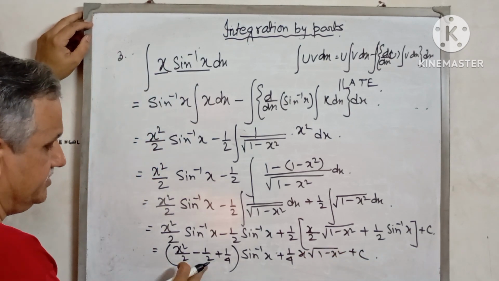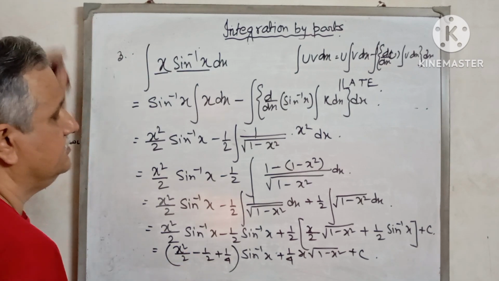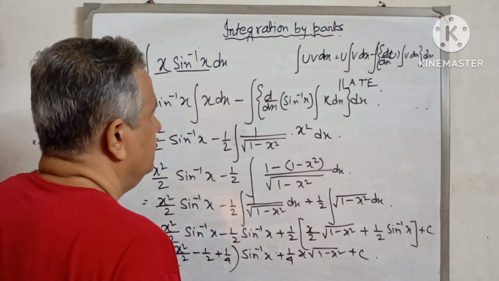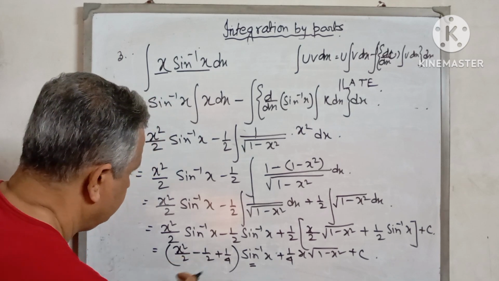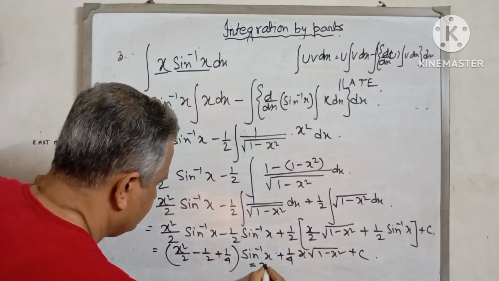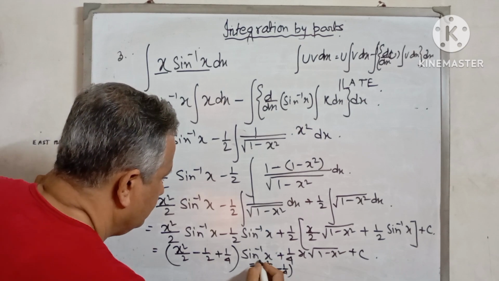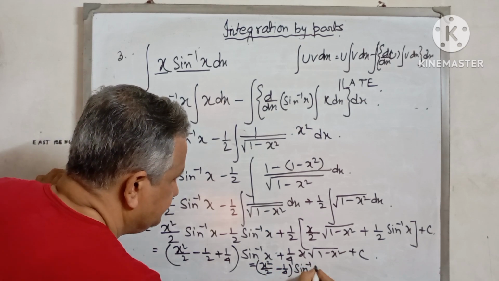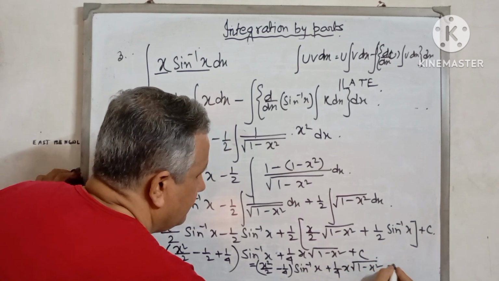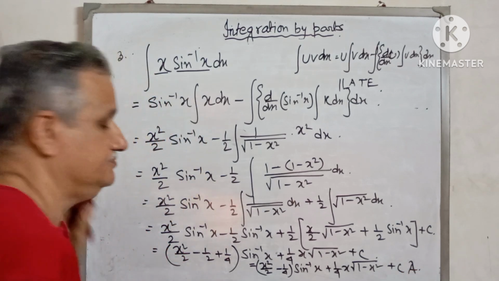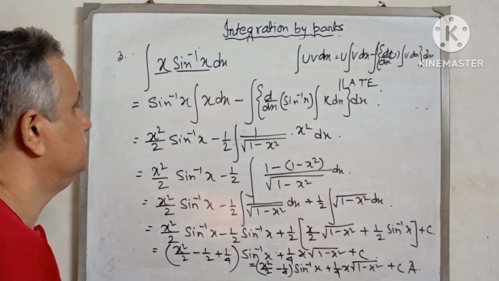Next, just adding it, we can write this: x square by 2 minus 1 by 4 into sine inverse x plus 1 by 4 x root over 1 minus x square plus c is the answer. Okay, this is my answer.